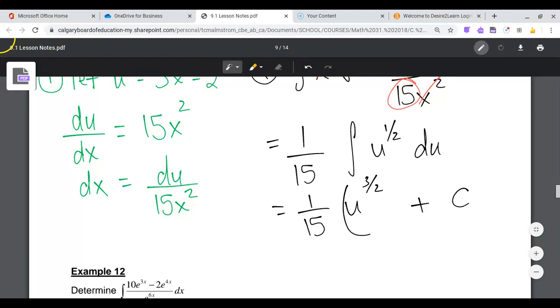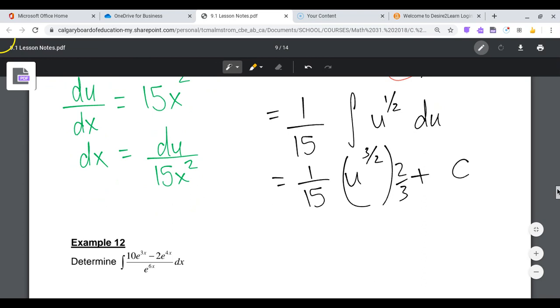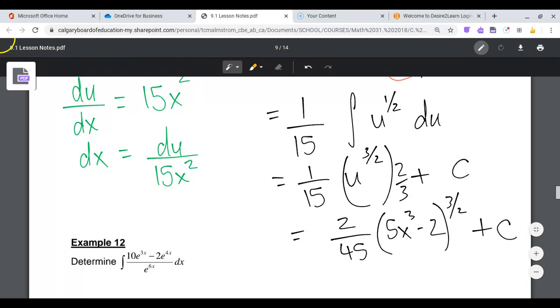When we multiply the 2/3 and the 1/15, we get 2 on 45. And my u was 5x cubed minus 2 to the power of 3/2 plus c.